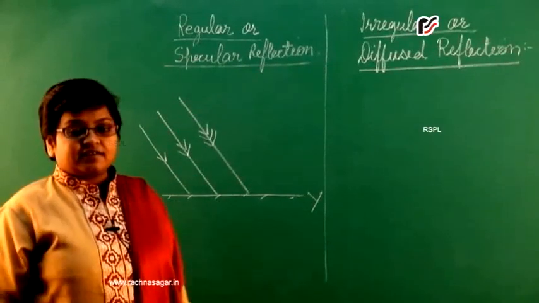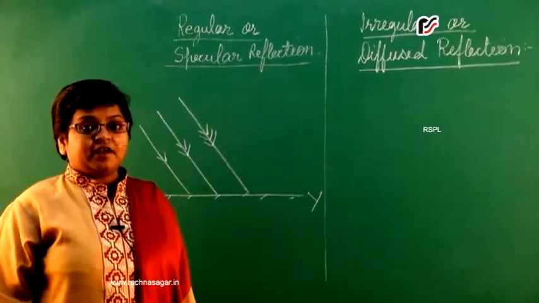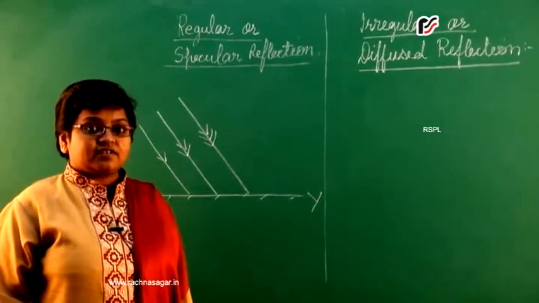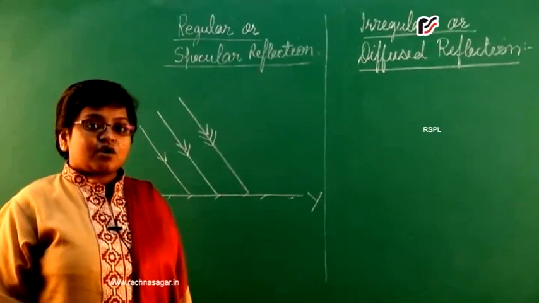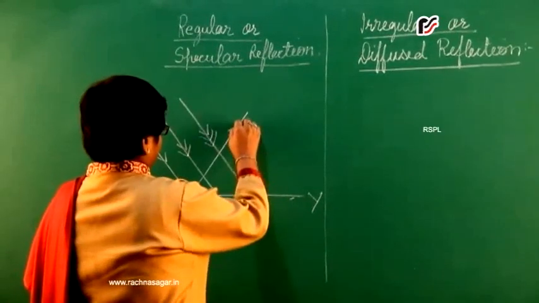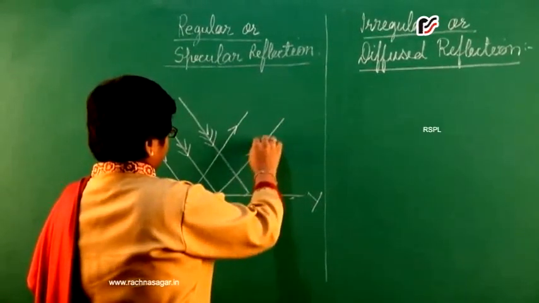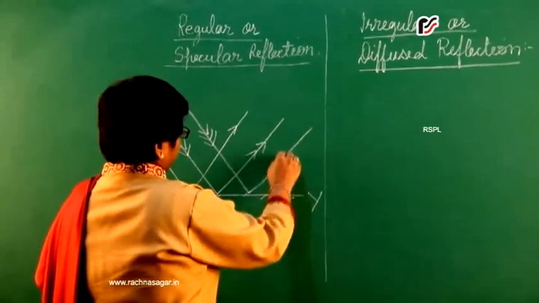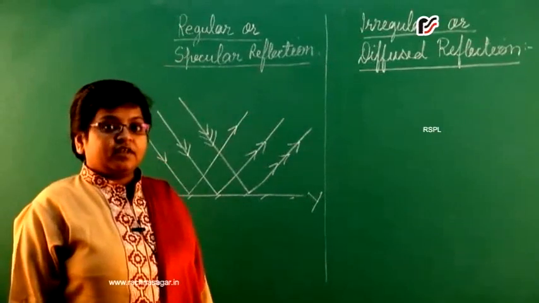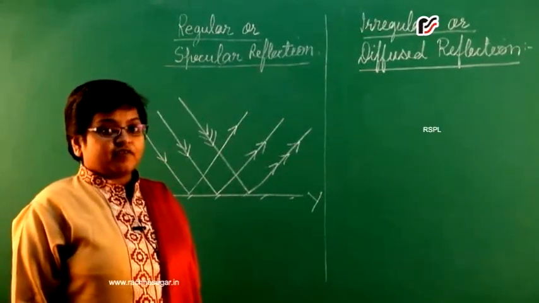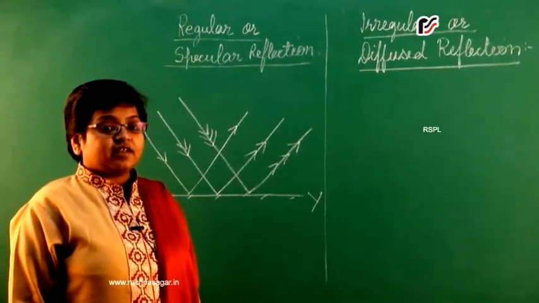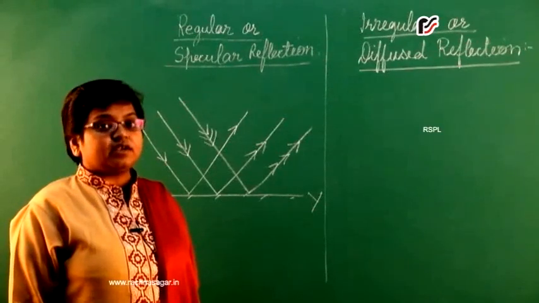There are three parallel rays incident on this highly polished surface. After reflection from it, the reflected rays are also parallel to each other. So in case of regular reflection, if any number of parallel rays are incident on the surface, then after reflection the reflected rays are also parallel to each other.